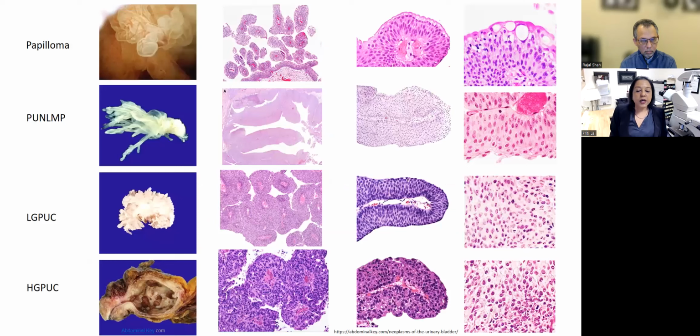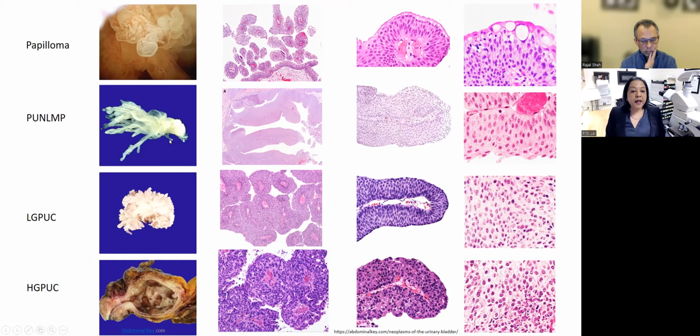So here we go. The WHO recognizes 4 distinct entities as far as the papillary lesions go: the papilloma, papillary urothelial neoplasia of low malignant potential, low-grade papillary urothelial carcinoma, and high-grade papillary urothelial carcinoma. Papillomas are simple exophytic lesions with simple papillae without fusion. The urothelial lining is normal, and the umbrella cell layer can be very prominent.